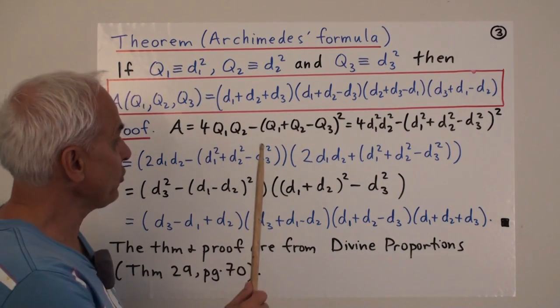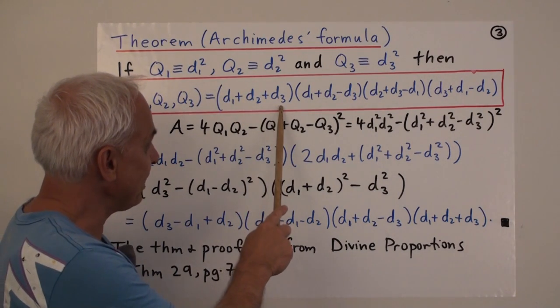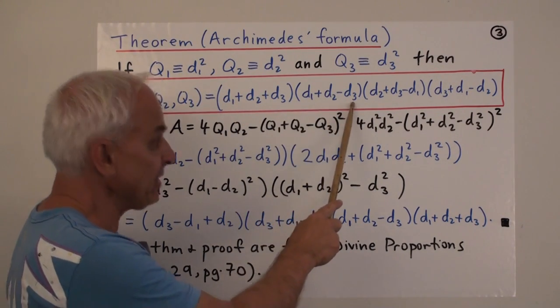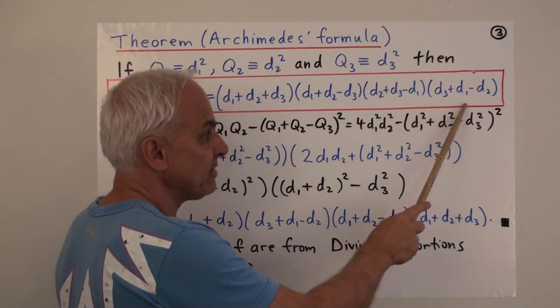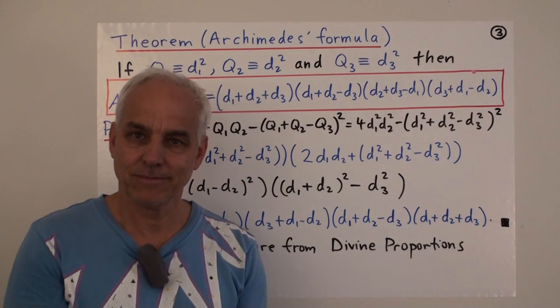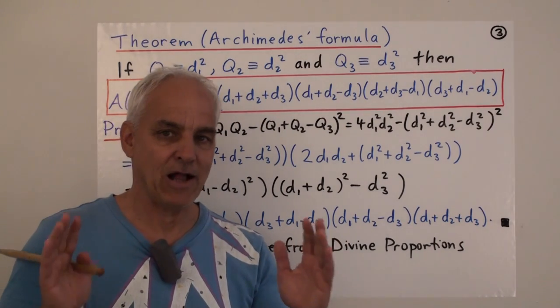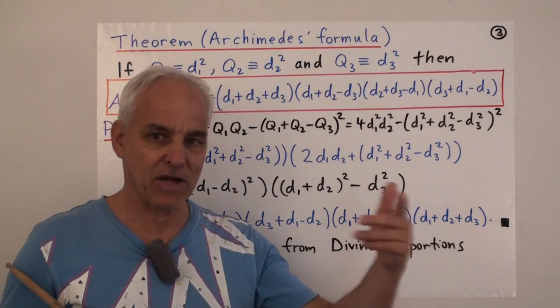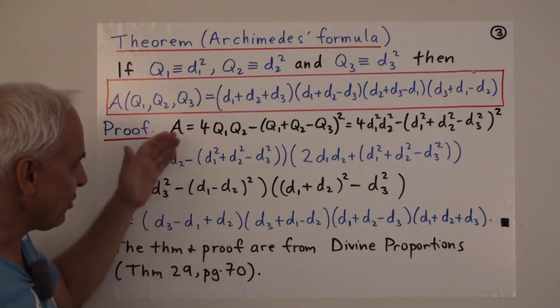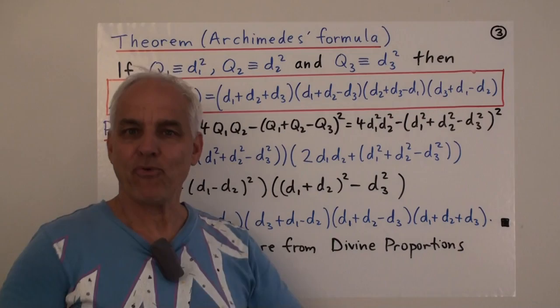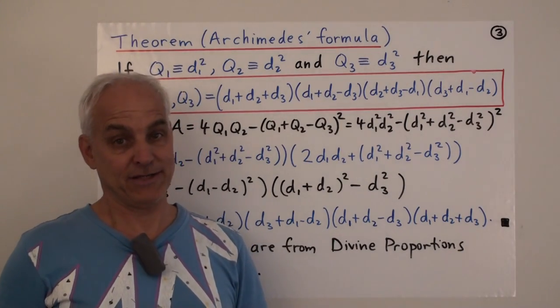As a product of four terms: d1 plus d2 plus d3, d1 plus d2 minus d3, d2 plus d3 minus d1, and d3 plus d1 minus d2. This is a purely algebraic result, sort of in the direction of our previous one. All right, so again, some very nice practice for your algebraic skills here.